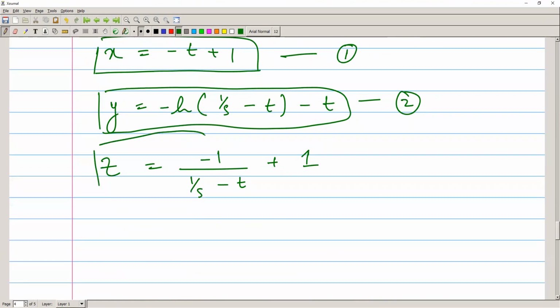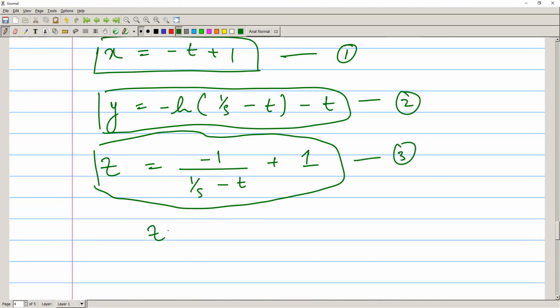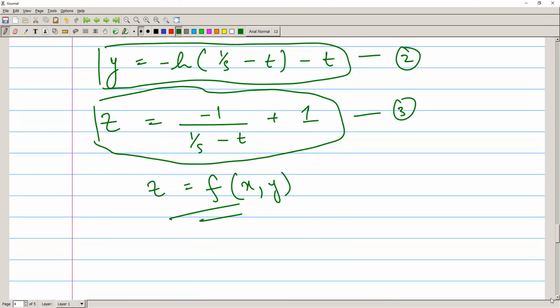Now we have to use these three equations to solve for z in terms of x and y. So we need a function of z in terms of x, y. That will be our Cartesian form, and that is our goal, to find the Cartesian form. So in equation number 2, I can see that I can do some manipulation.